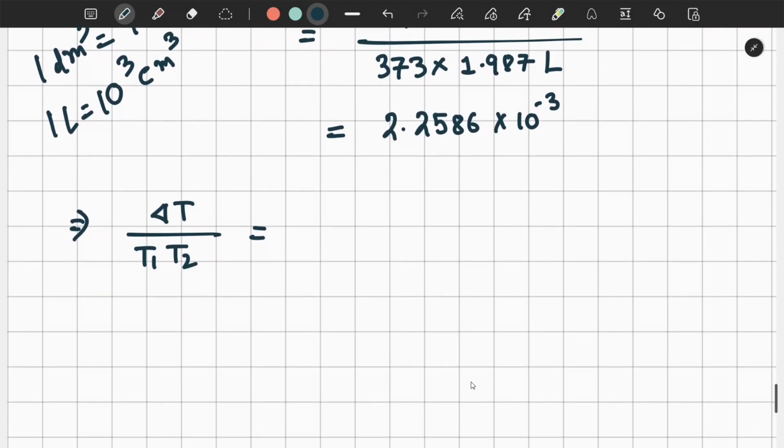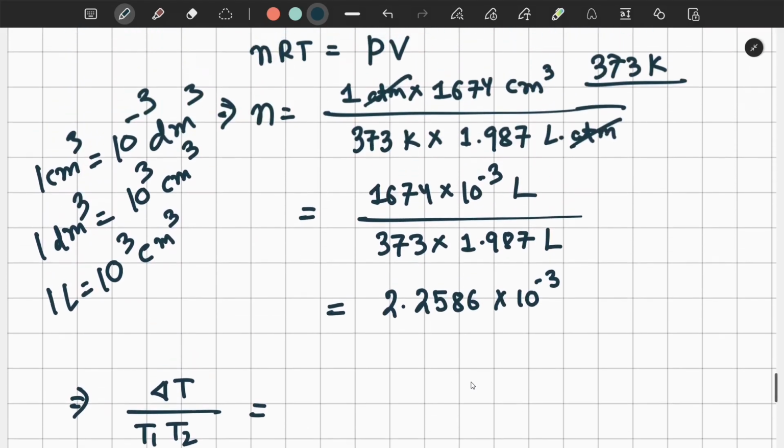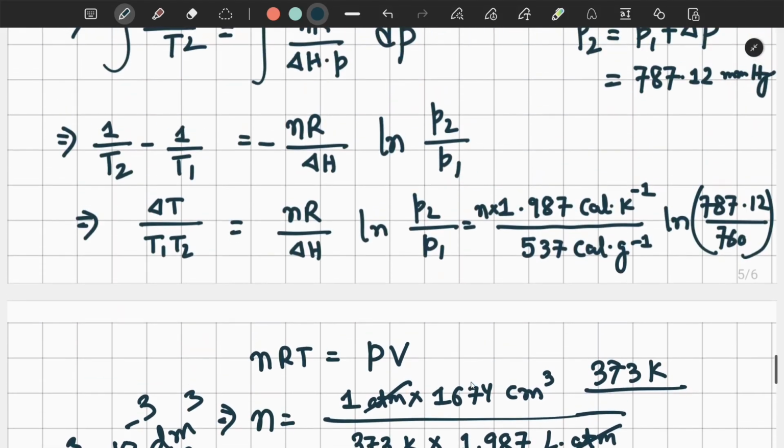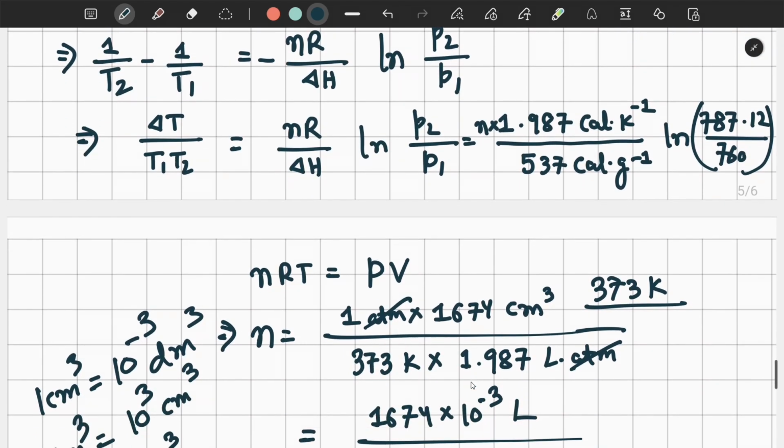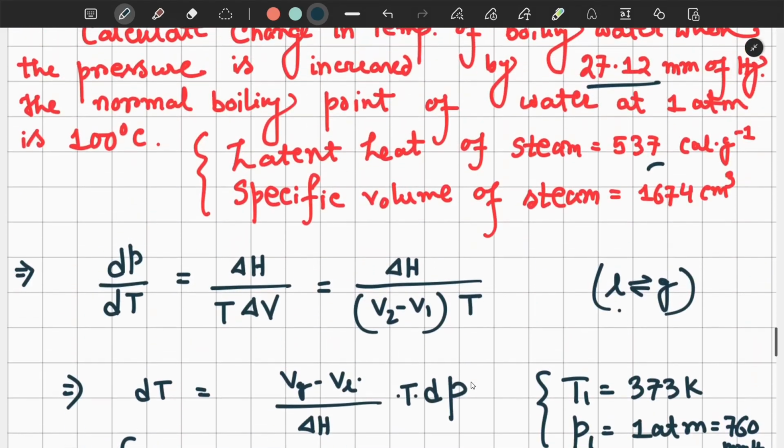So now it will be, but this is a very bad answer. I think something is wrong. I'm failing. Don't know why. What is the volume of 1 mole steam? That is given.